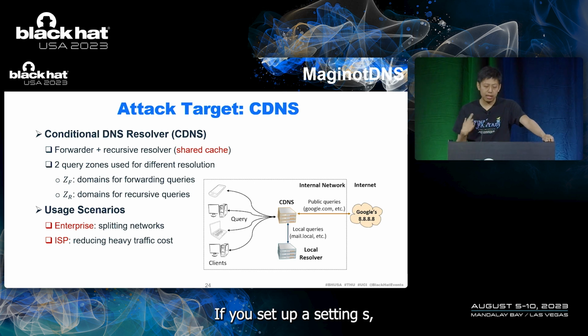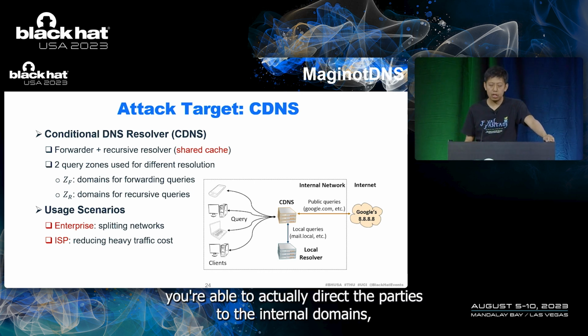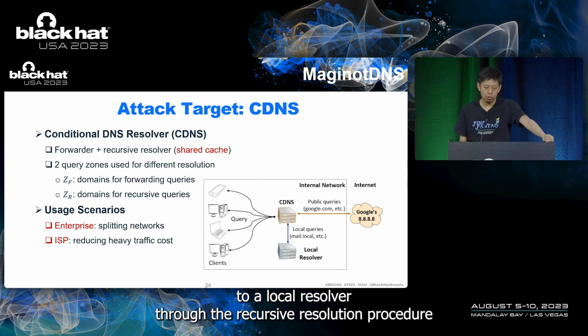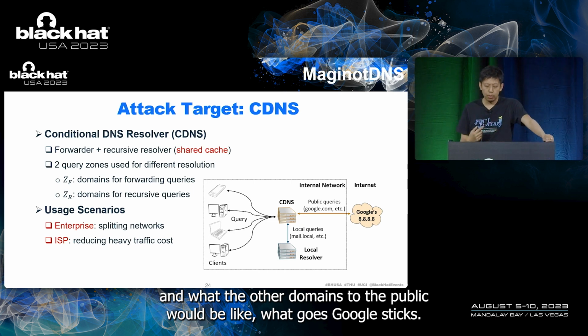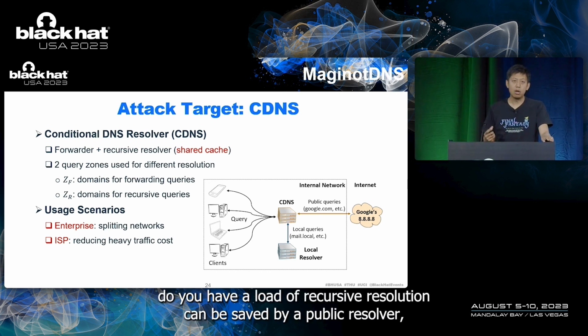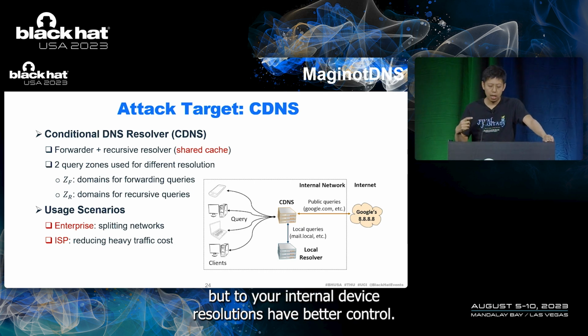If you set up a CDNS, you are able to direct the queries for internal domains to a local resolver through the recursive resolution procedure, and all the other domains to a public DNS, like Google's DNS. With that, the heavy load of recursive resolution can be saved by a public resolver, but your internal DNS resolutions have better control.